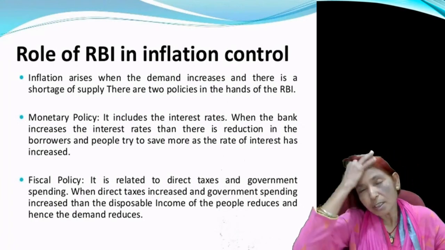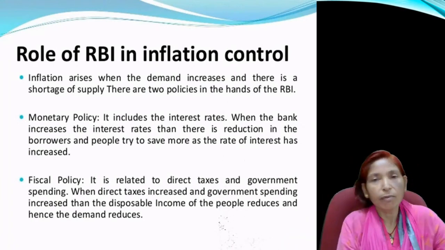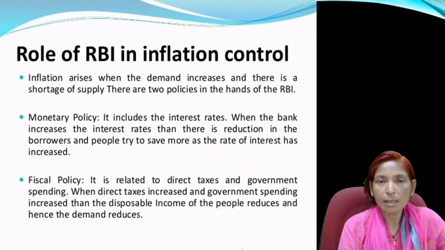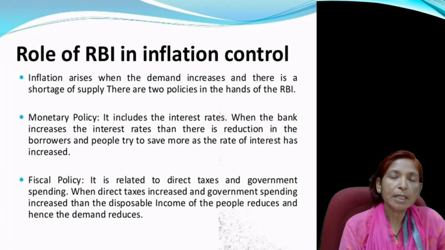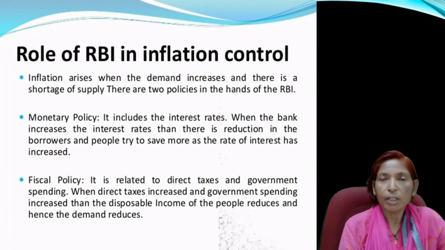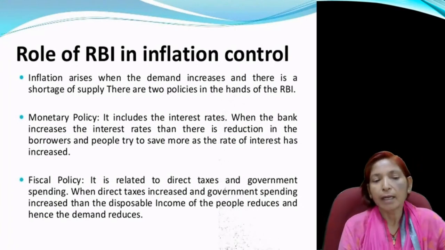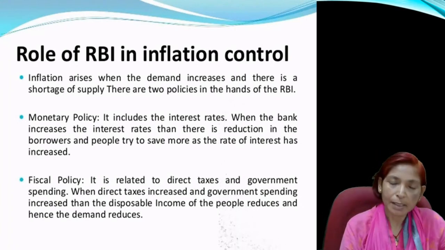And hyperinflation is a very bad situation for all the economies. So whenever inflation occurs in the economy, government can control this inflation situation with the help of these two policies. One is monetary policy and other is fiscal policy.